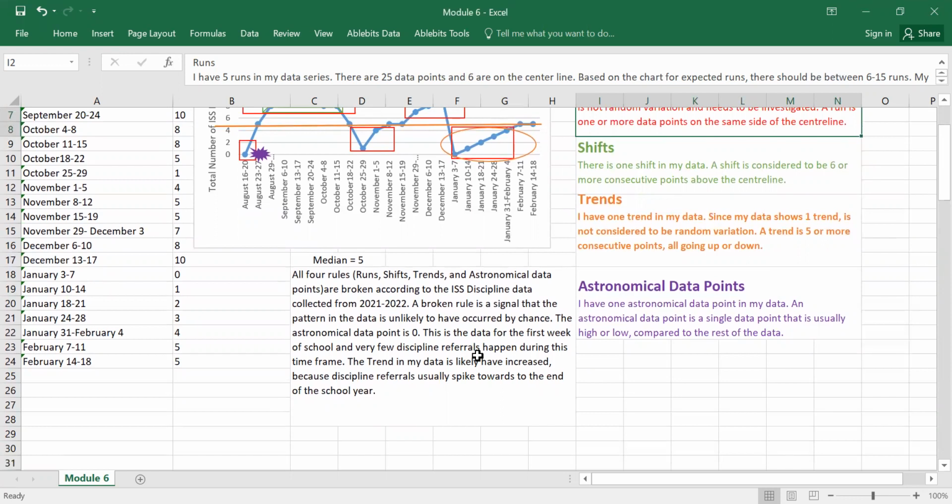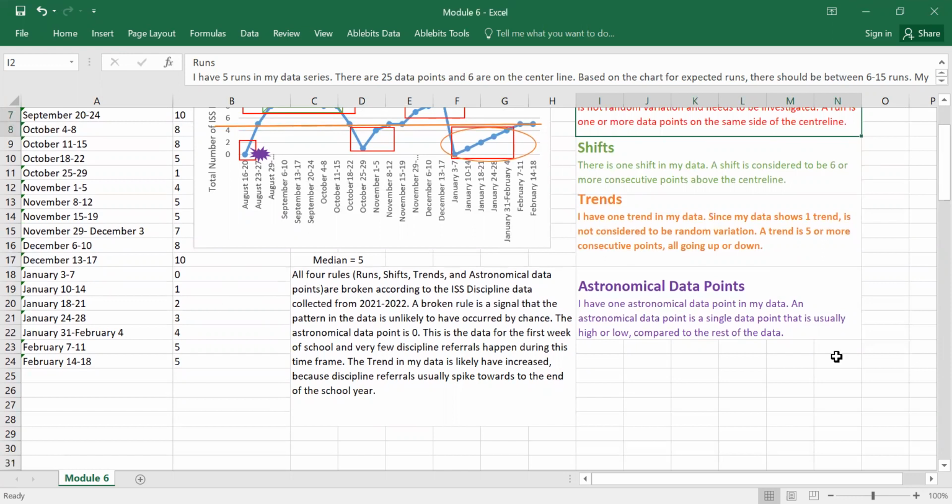And according to the videos and the notes that I've taken in this module, a broken rule is a signal that the pattern of the data is unlikely to have occurred by chance. So with that being said, the astronomical data point is 0 right here. And that happened probably because it's the first week of school and very few discipline referrals happen during this time frame.